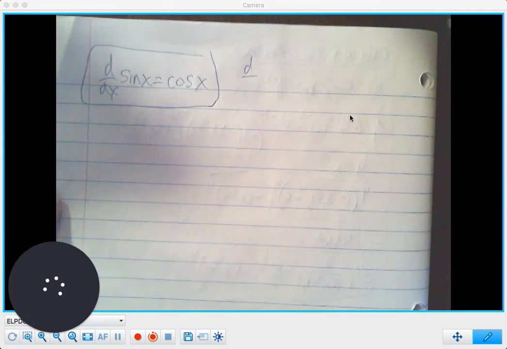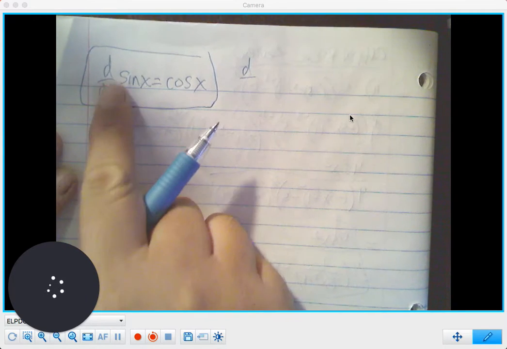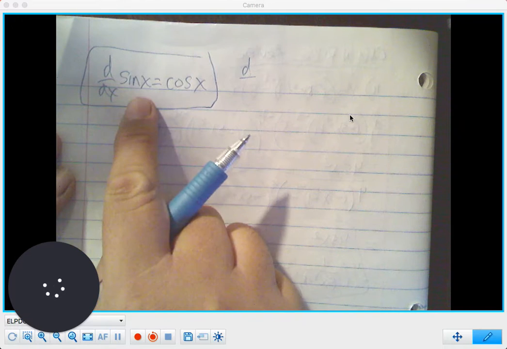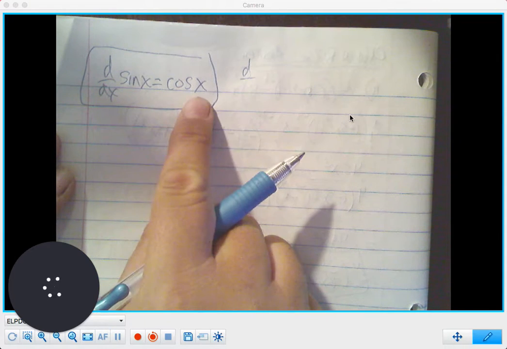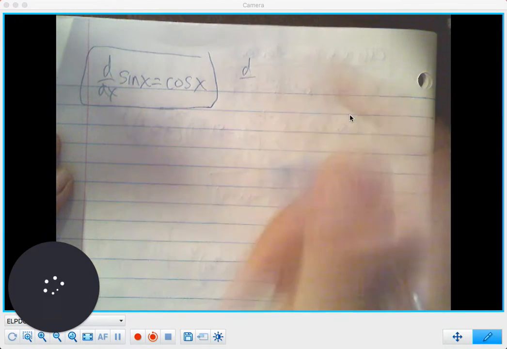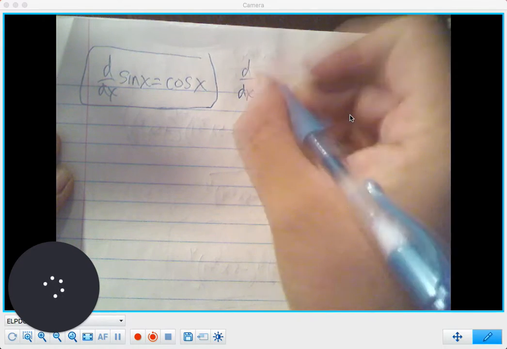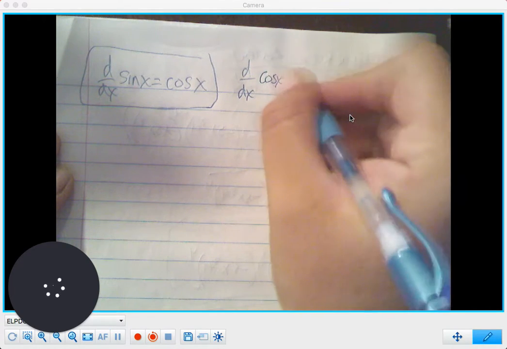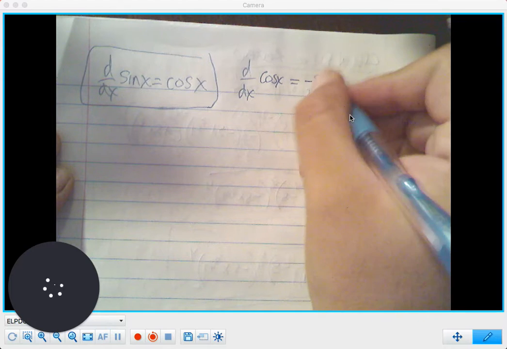So you have to memorize this one. And then d over dx, the derivative of cosine x is equal to negative sine x.